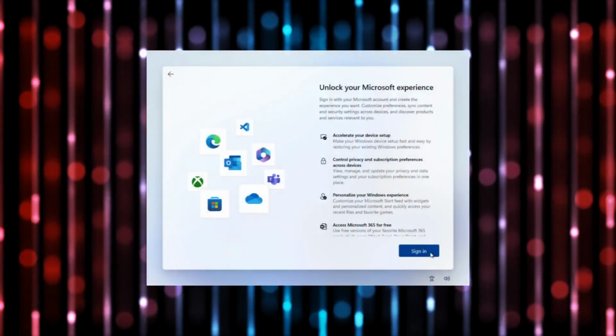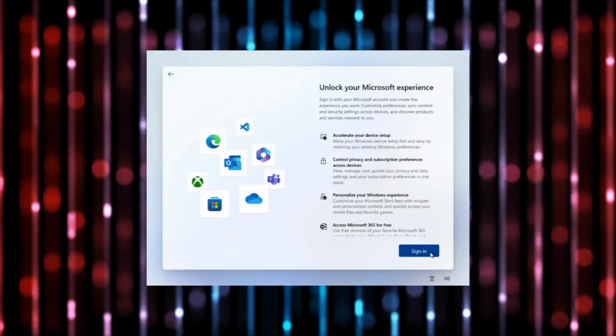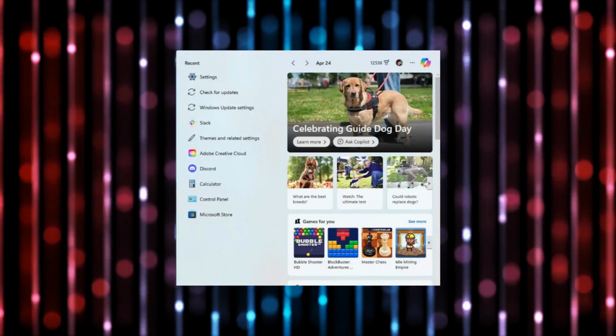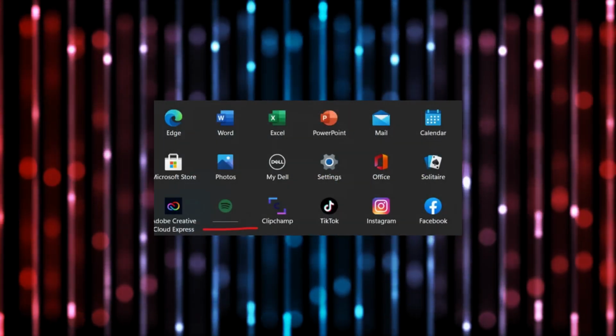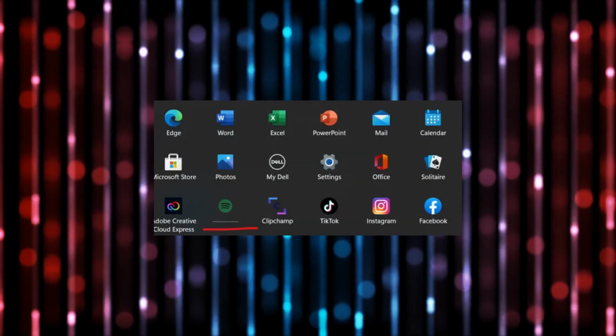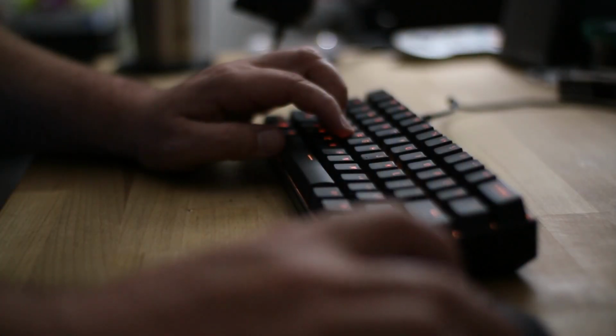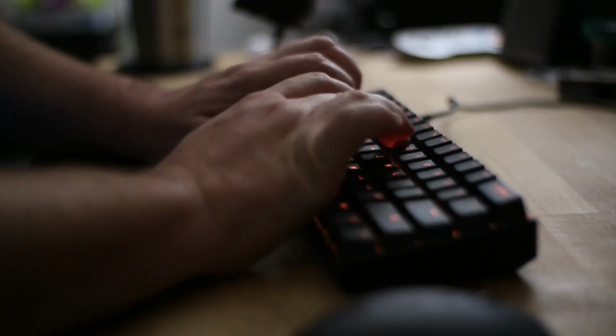Some of the recent user-unfriendly decisions that Microsoft has come up with, particularly on Windows 11, are, as I mentioned, the forced Microsoft accounts for setup, the appearance and continuing creep of ads in the start menu, and the bloatware, meaning unused or unwanted programs that litter the start menu when you first get a computer. Some of that is due to the manufacturers, but some of it is due to Microsoft.